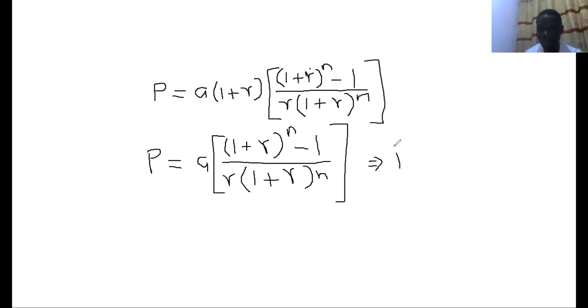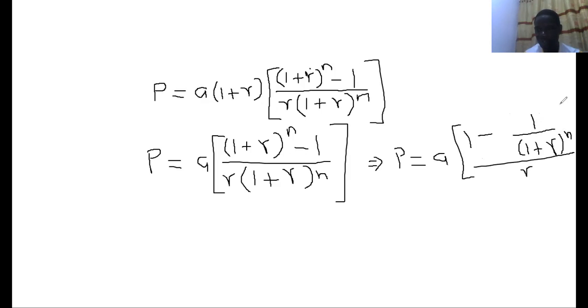P is equal to A, 1 minus 1 over, into brackets, 1 plus R, 1 plus R raised to N, and then all over R. So the formula can be written like this.